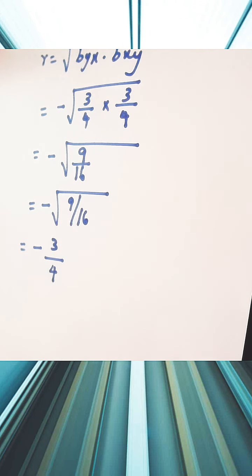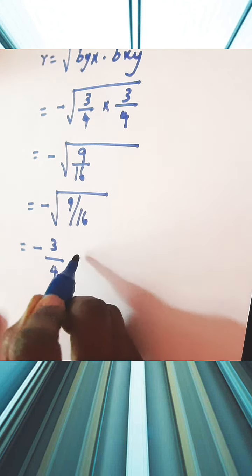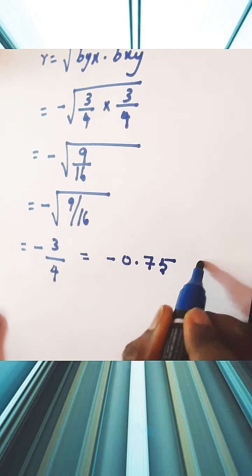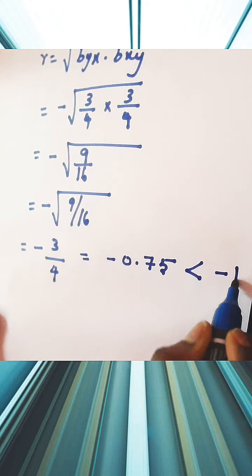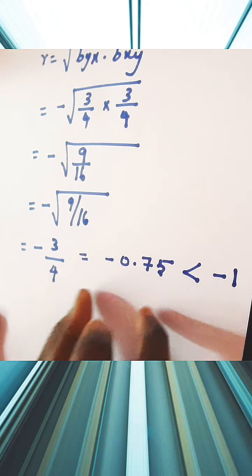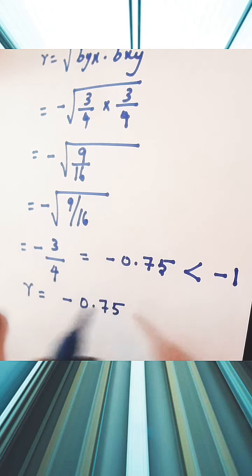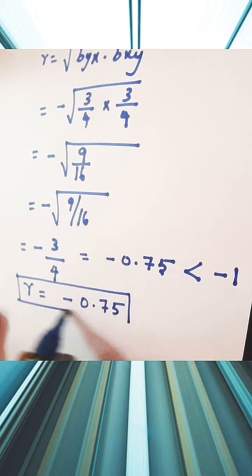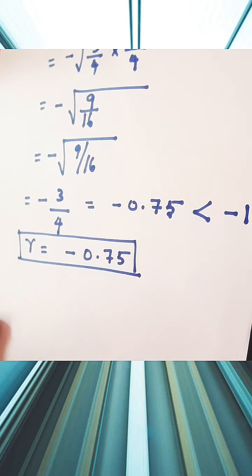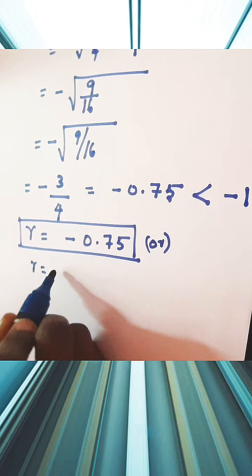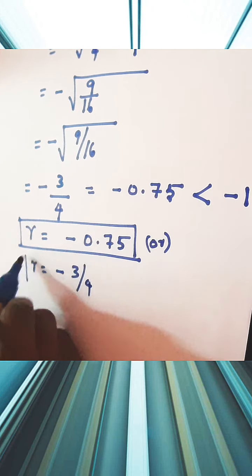Minus 3 by 4. If it is minus 3 by 4, what is the value? It is negative 0.75. Am I right? Which is not less than negative 1, it is satisfying the condition. Minus 0.75, or we can write it as minus 3 by 4. Both are correct. Or r is equal to negative 3 by 4.